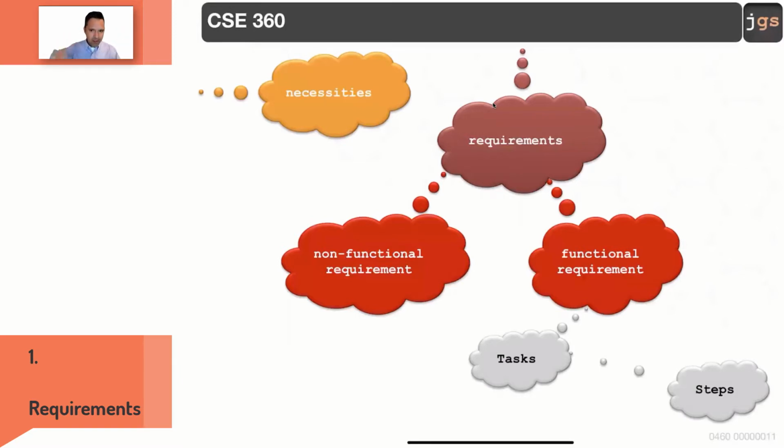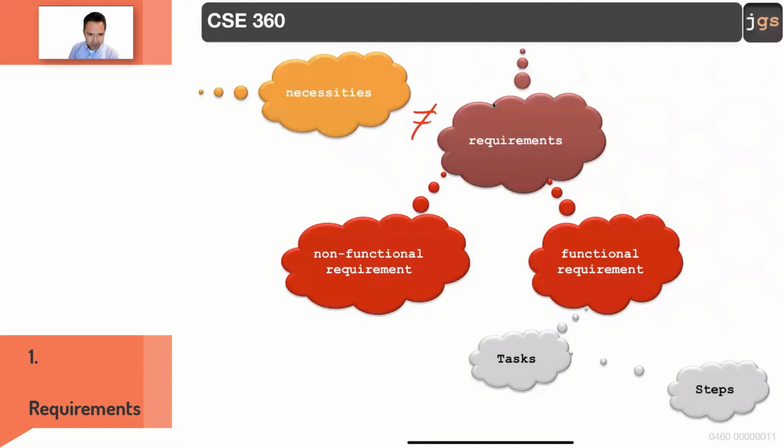You know that a requirement is not the same as a necessity. You know that as a customer, if I ask you for something, that something is not immediately a requirement. Moreover, we talked in the previous lecture about these INVEST principles, things that you review in order to be sure that a particular statement is a requirement.